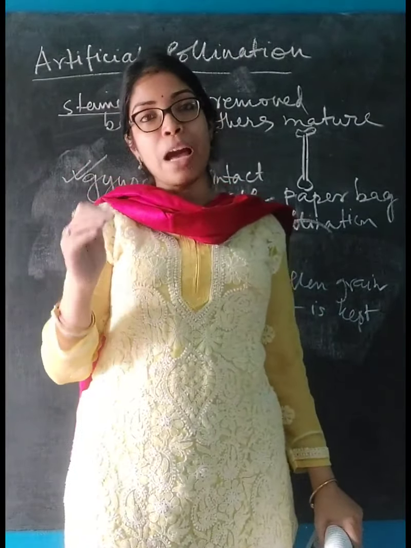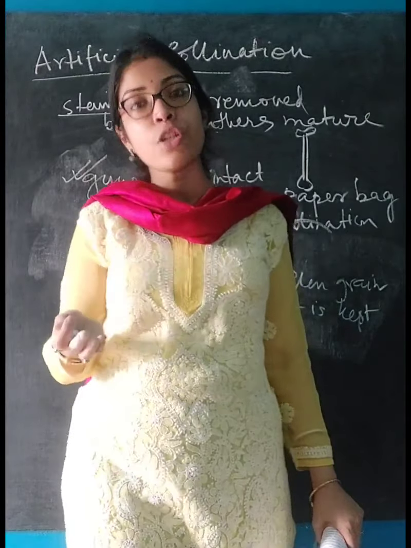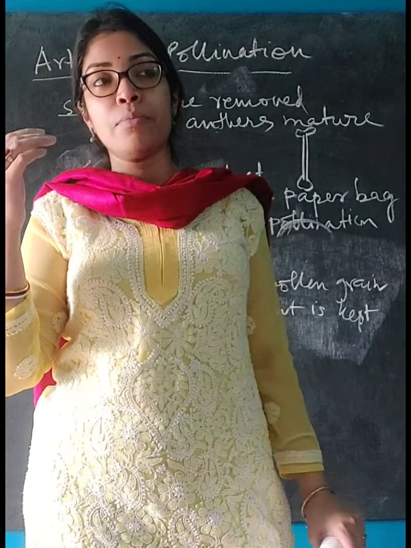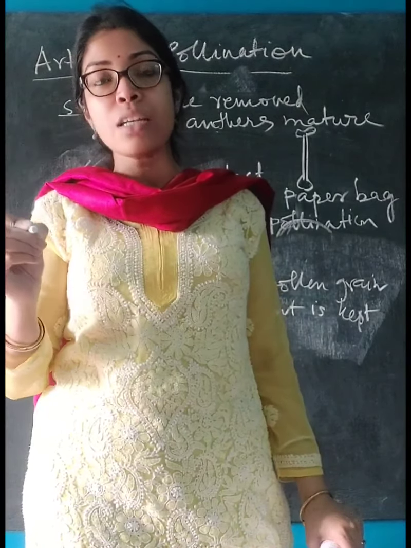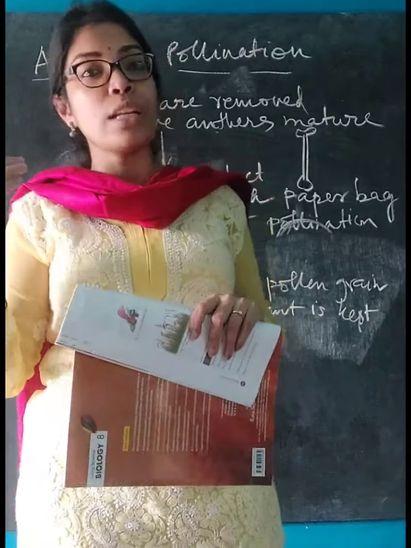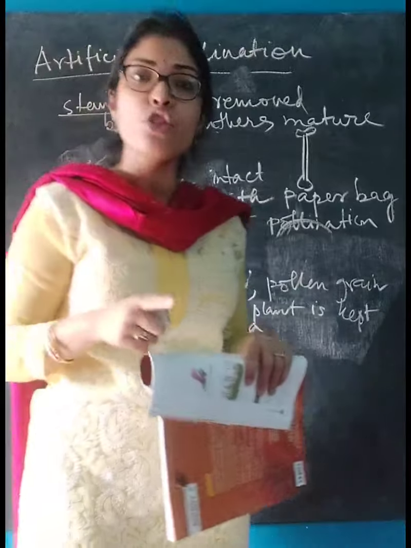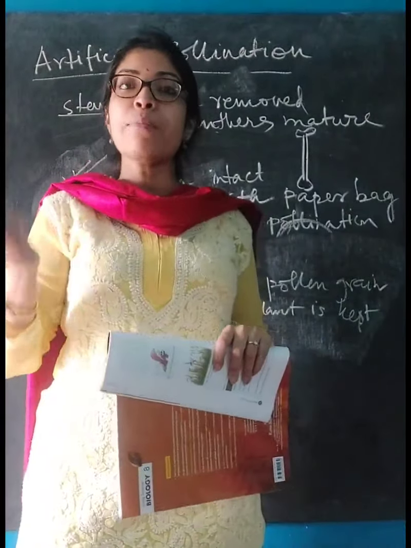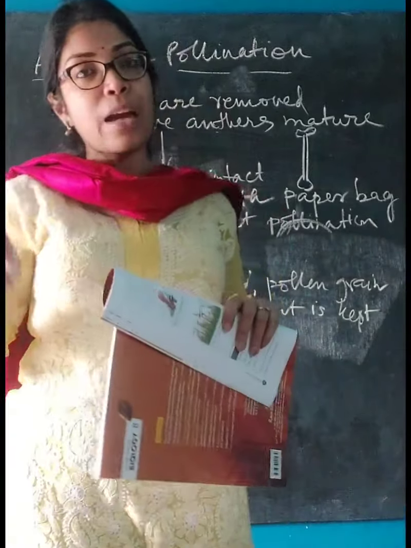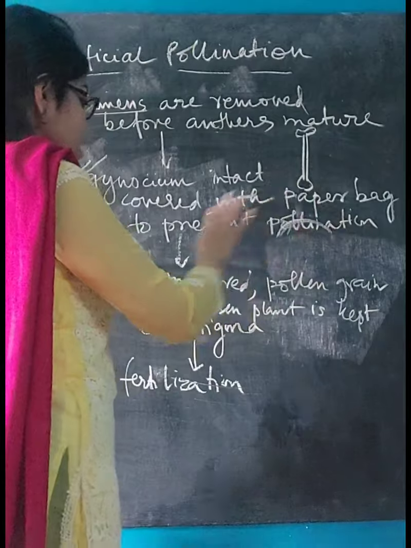The flower of the plant will be covered by a paper or muslin bag to prevent natural pollination, so that the plant's female part does not come in contact with other pollen grains, because we are trying to do artificial pollination. Natural pollination has to be prevented, and that is why a paper bag or muslin bag is given. So after a certain point of time, the stigma will mature.